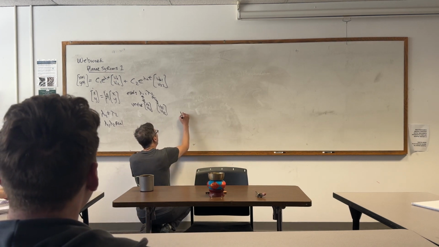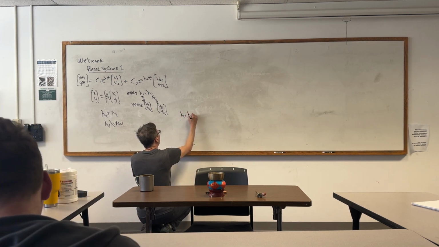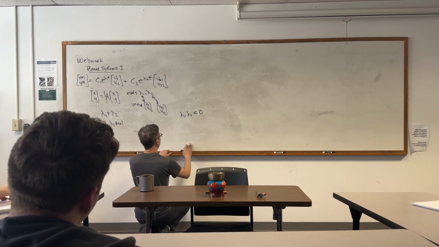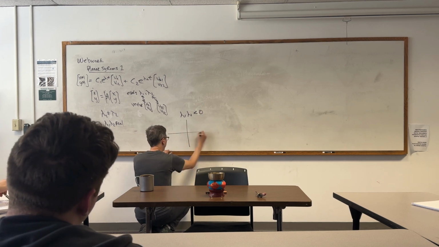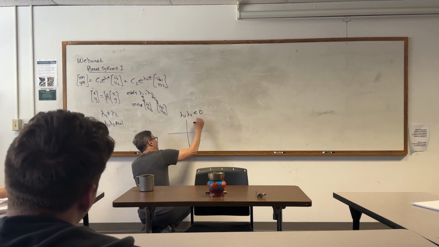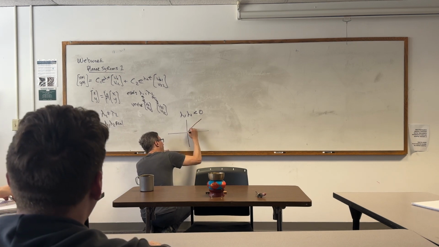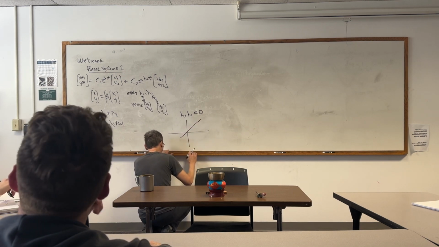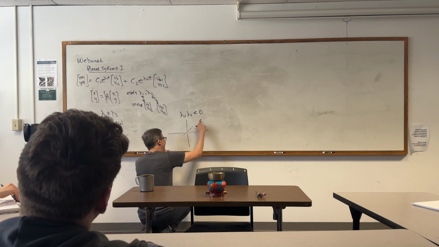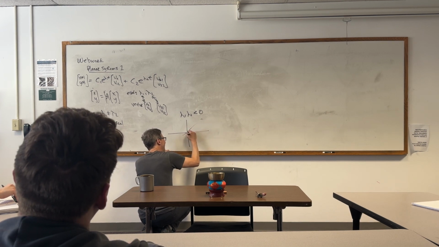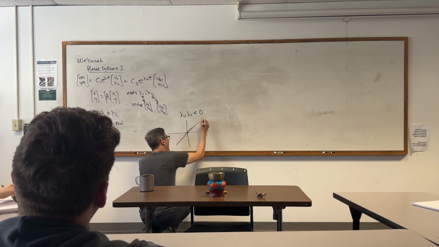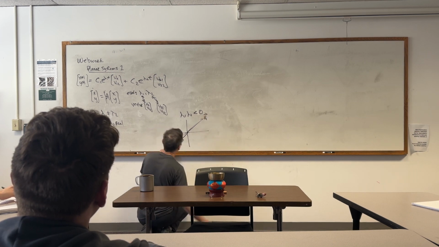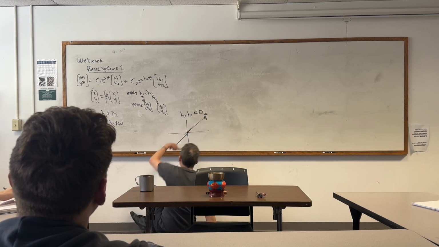If lambda 1 and lambda 2 are both negative, your phase portrait's going to look something like this. You're going to have some eigendirection. Let me start in the center. You're going to have some eigenvector v1 that describes an eigendirection like that.